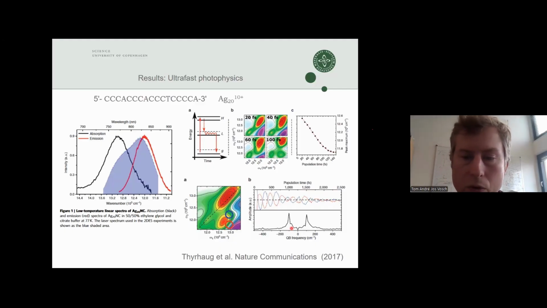And for this particular cluster, we also noticed that there is some quantum beating, meaning that the initial beating is transferred from the excited state to the emissive state, and that persists for a few picoseconds. And if you take a Fourier transform of that beating, you can see that it corresponds to vibrational frequencies on the order of 100 wave numbers, which fits very well with what you would expect from silver-silver bonds.